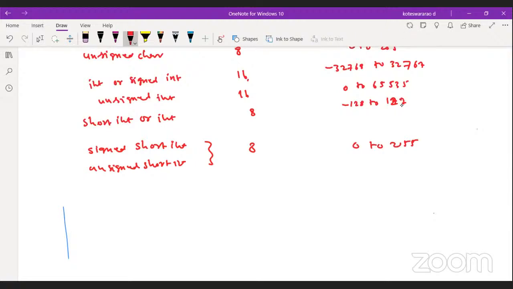Next, long integer or signed long integer.